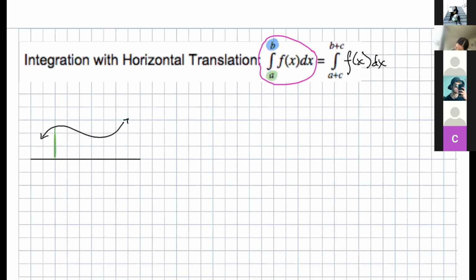So here is my A, and maybe here is my B, okay? And if I were to follow in line with what we've been doing, I know that that integral represents this area right here. Okay.